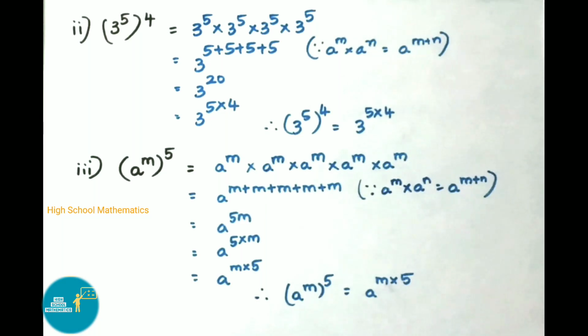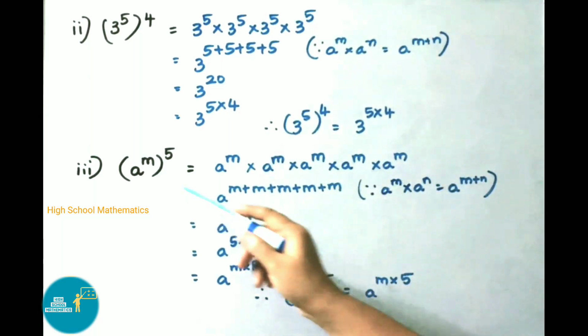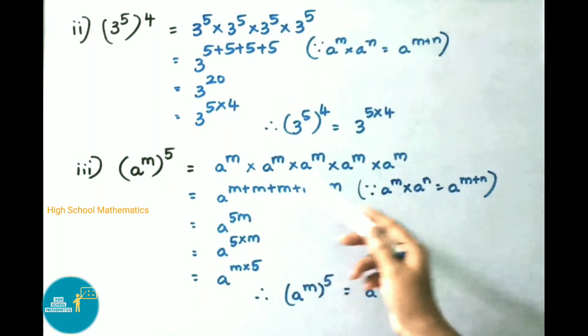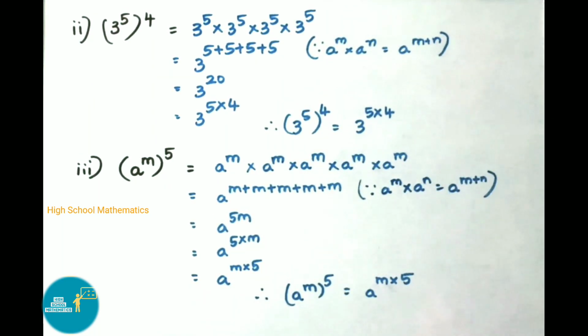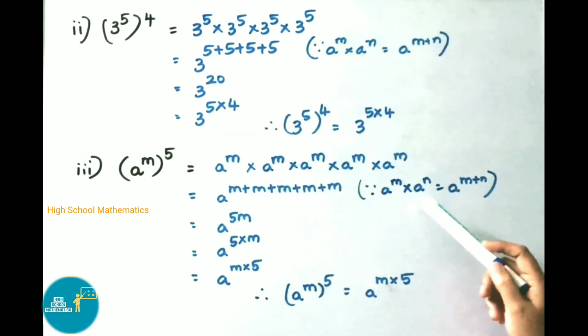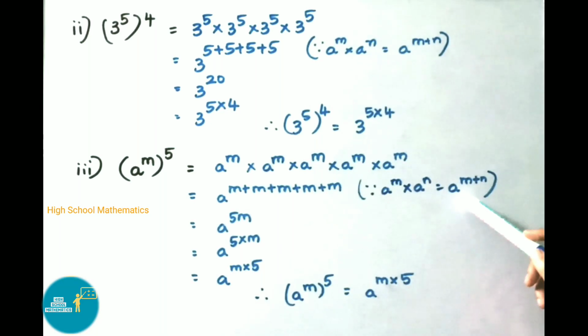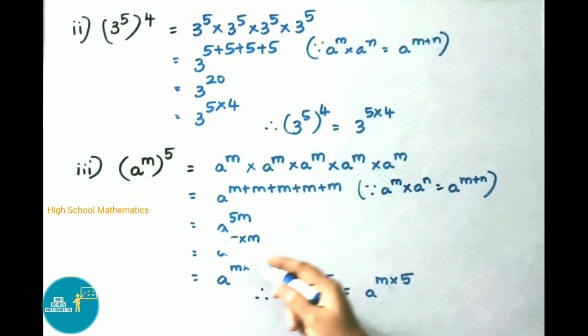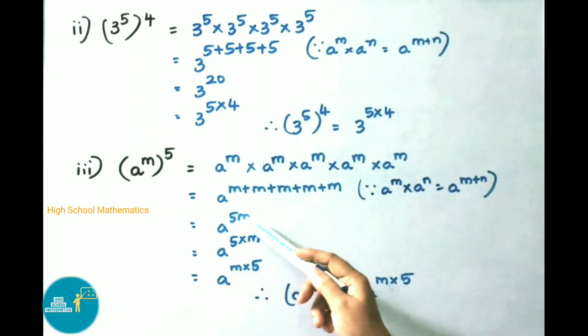Now, let us see another example. A power m whole to the power of 5. That means a power m must be multiplied 5 times. So we have multiplied a power m 5 times. See the formula a power m into a power n equals to a power m plus n. To a power we have added m 5 times. That equals to a power 5m.